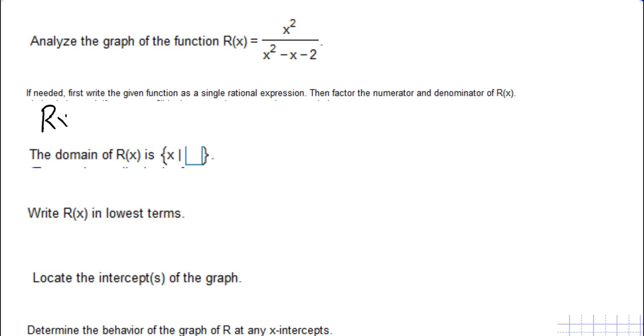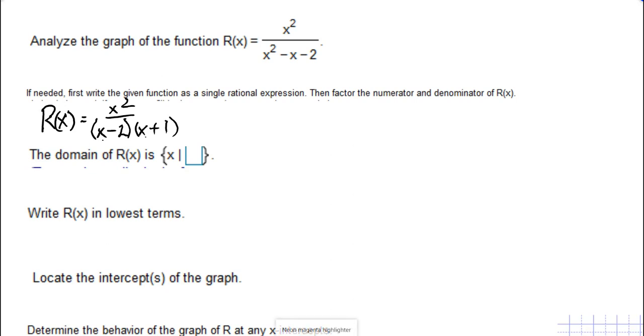So we have r of x. The numerator is already in factored form, but the denominator can be factored into x minus 2 and x plus 1. This is helpful in finding the domain.